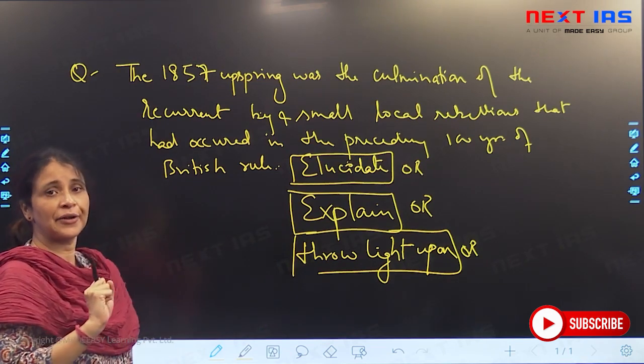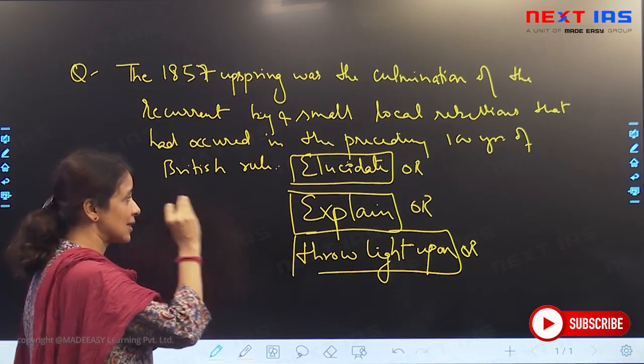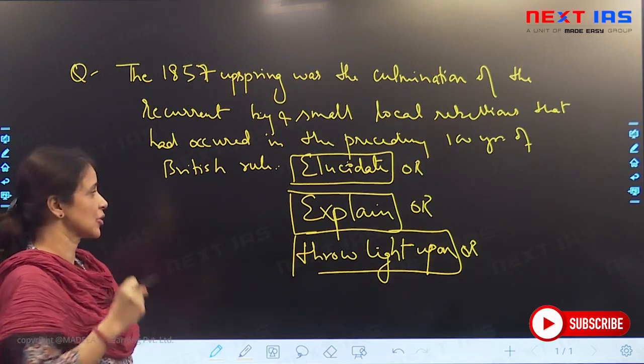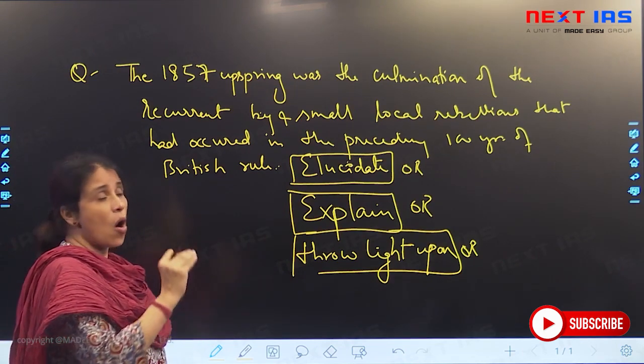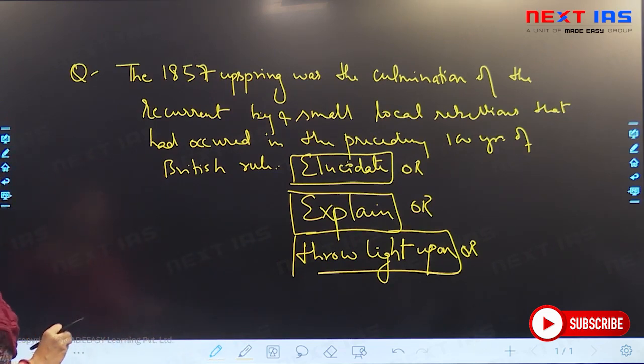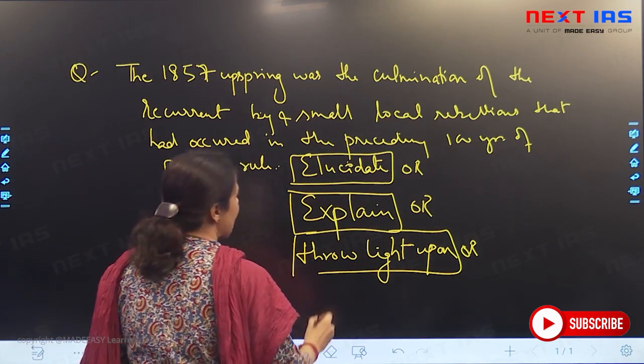So that is a kind of direction, कि elucidate करना है, तो you can put these things, you can substantiate your points through diagrams, through your pie charts, through your flow charts, anything, or different examples. So elucidate, explain or throw light upon means you have to make the other person clearly understand it.